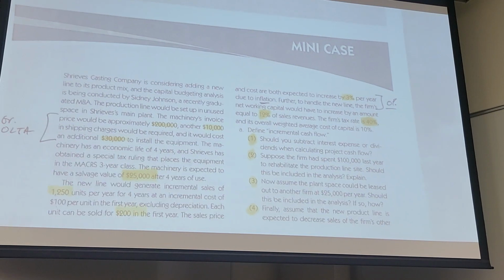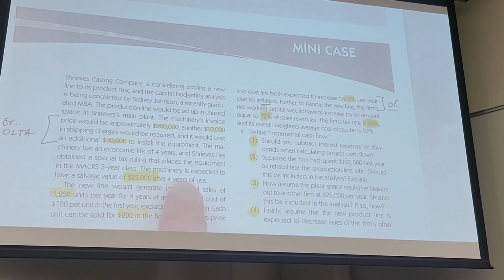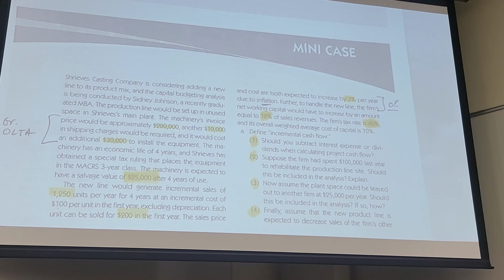So it says, let's see, this has an economic life of 4 years, machinery salvage value after 4 years, incremental sales per year for 4, it looks like it's a 4-year project. So I'm going to have 5 cash flows, right? So 4 years plus the initial outlay. So we're going to set all this up here on the board and work through it.